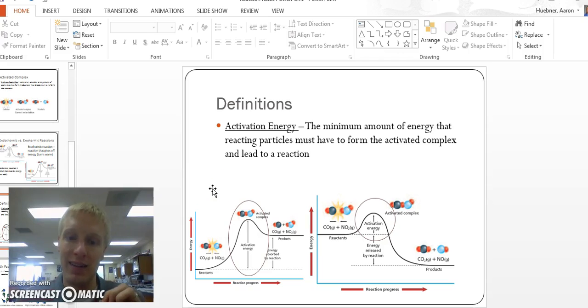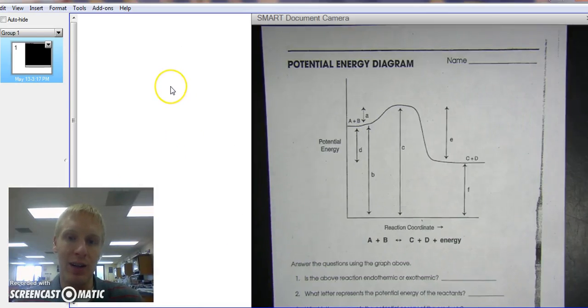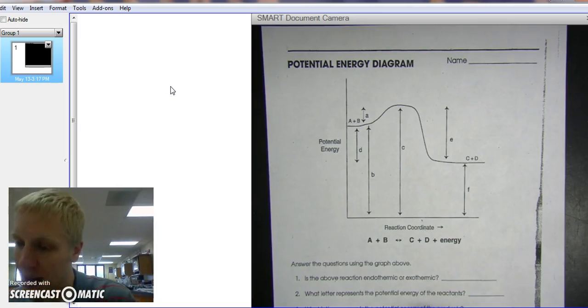It needs energy to be inputted. Endothermic is going to require a much larger activation energy, whereas exothermic doesn't require as high of an activation energy. All right, now let's get to the potential energy diagram and label all of the things that could be labeled.